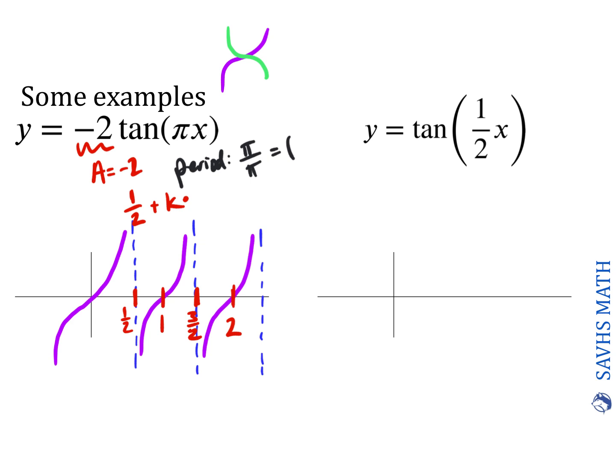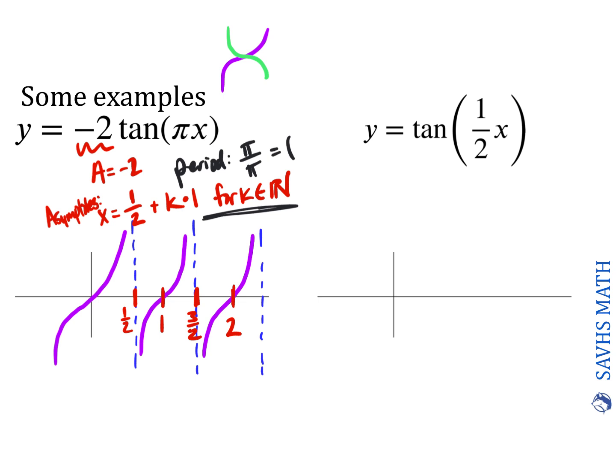And so we would write k times 1 for k in the counting numbers, which is the natural numbers. Anyway, this is really beyond the scope of what I need you to know right now, but the asymptotes are occurring at x equals these. We'll do more with that on Friday. I don't need you to know everything about that, but I am going to show it for the next one as well.